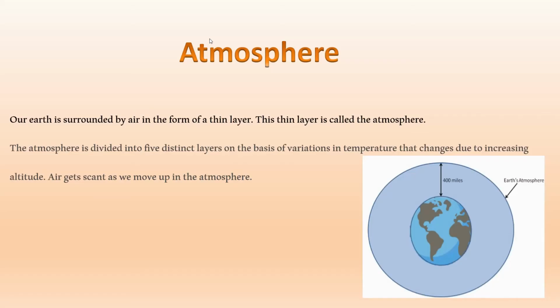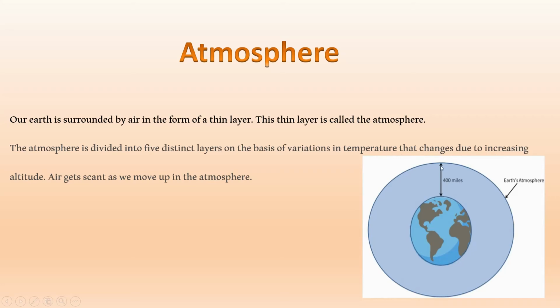Now the earth is surrounded by a layer of very thin air, and this thin layer of air is known as atmosphere. And this atmosphere is divided into 5 distinct layers on the basis of variation in temperature that changes due to increase in altitude.